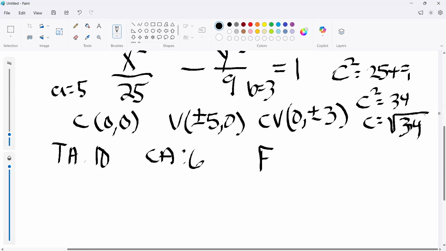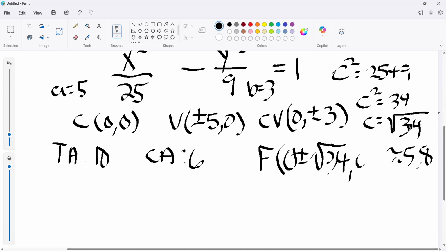Which is, what's like 5.8? I'm going to need that when I graph it, about 5.8. Okay. So the foci are going to be c to the left and right, so it's 0 plus or minus square root of 34. You can just write square root of 34, 0. So that's the foci. And then anything else?